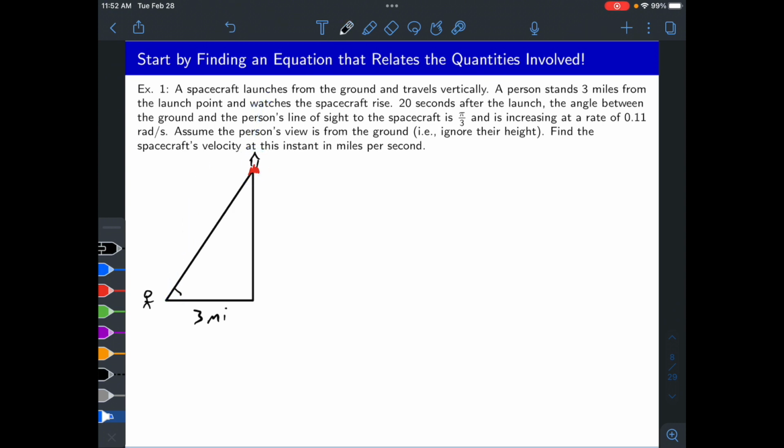Because this angle is changing, we should assign it a variable. We'll call it theta. And then just say at t equals 20 seconds, theta is equal to pi thirds radians, and d theta dt is equal to 0.11 radians per second.